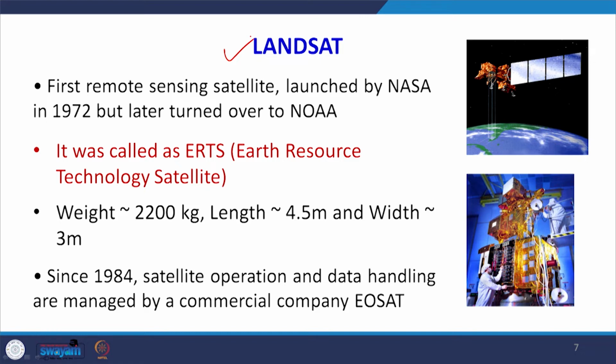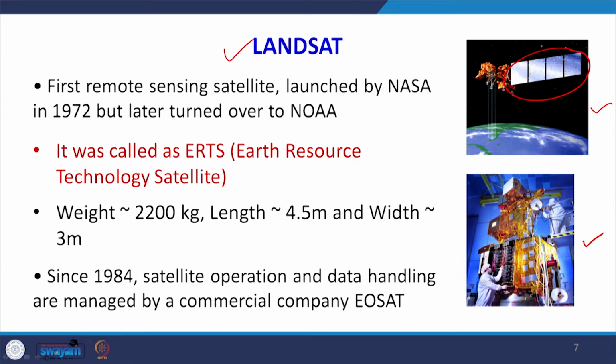ERTS was launched. You can see how the satellite looks from the pictures here: the bottom picture is before the launch and the top picture is after the launch. It was quite heavy, 2200 kg, the length was 4.5 meters and the width was 3 meters, because it carried solar panels also. You can see 4 solar panels on one side, and similarly on the other side.